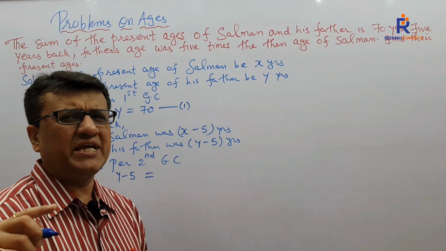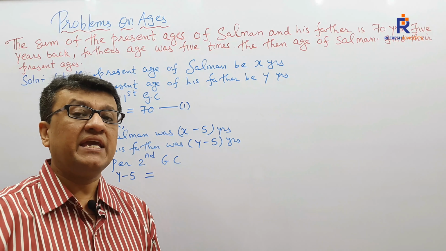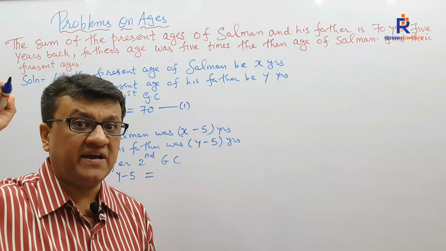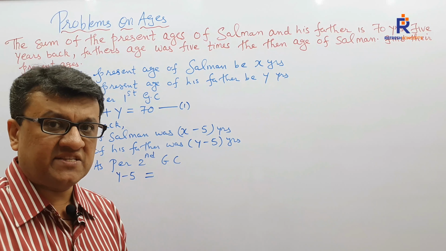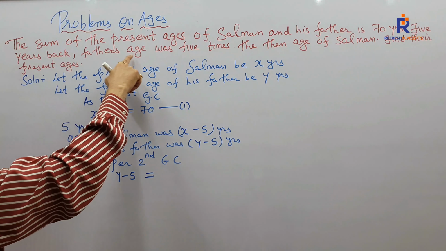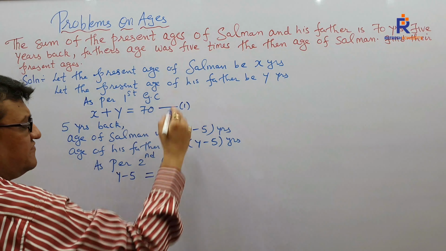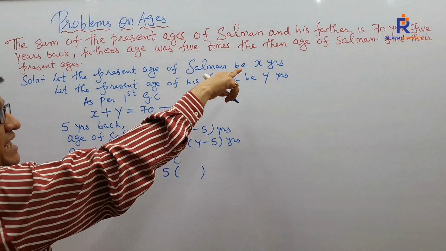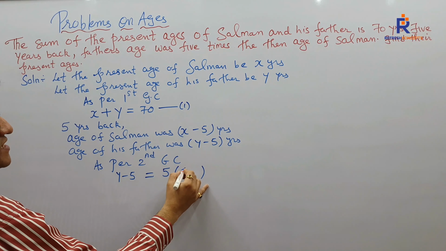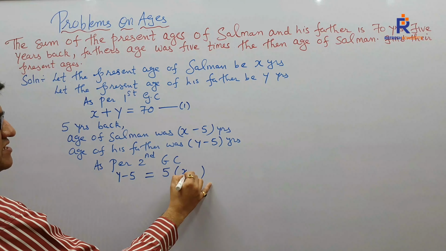Don't look more into the English part. The then age means age of Salman at that time, that is 5 years back. Father's age was 5 times, parenthesis, then age of Salman 5 years back, which was X minus 5.